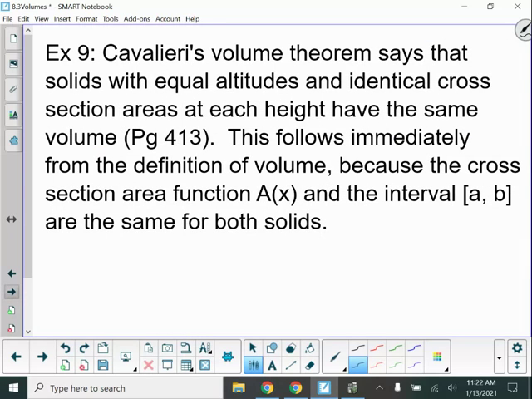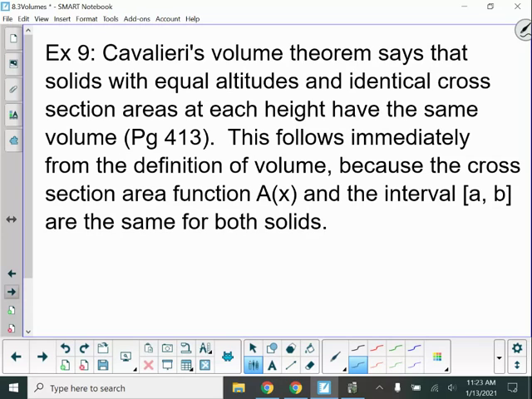This example is in your book on page 419. This is Cavalieri's theorem. This just has to do with volumes and why it's not necessarily important how your volume is set up. What is important is what your endpoints are. So if you have some type of solid that has an equal altitude and identical cross sections, they have to have the same volume.